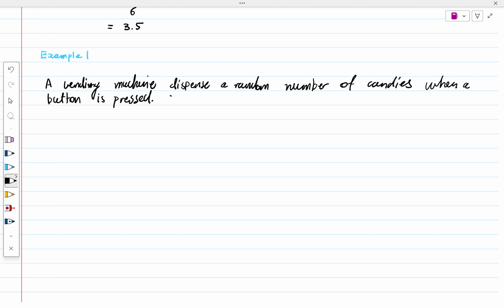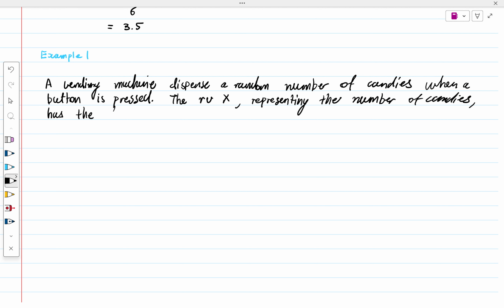Let X, or I guess the random variable X, representing the number of candies, has the following probability distribution function.